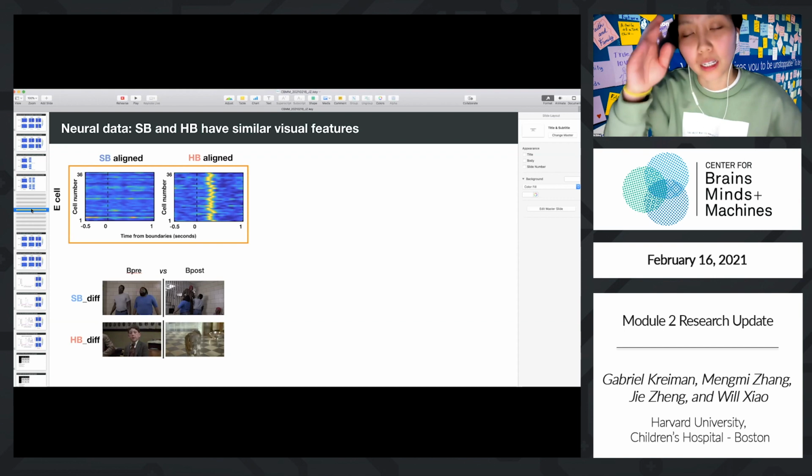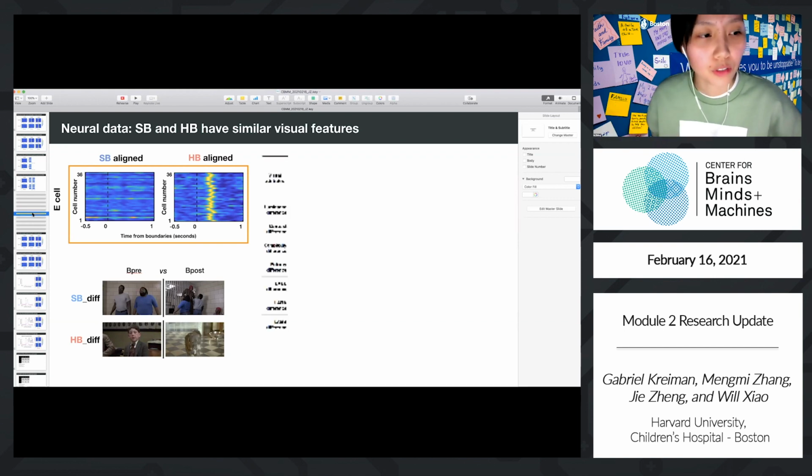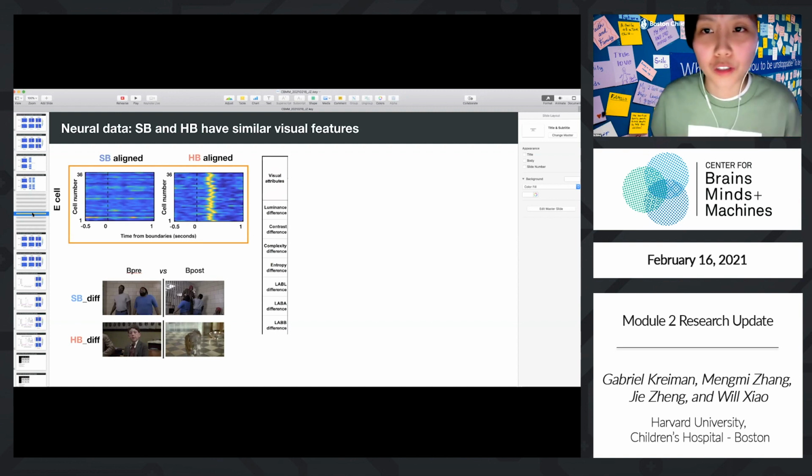We are measuring, in terms of their visual features, whether the luminance, contrast, or complexity, or the color distributions, whether those lower features can be different between these two types of boundaries that creates this different response in the event cells, which only respond to hard boundary, but not soft boundary.